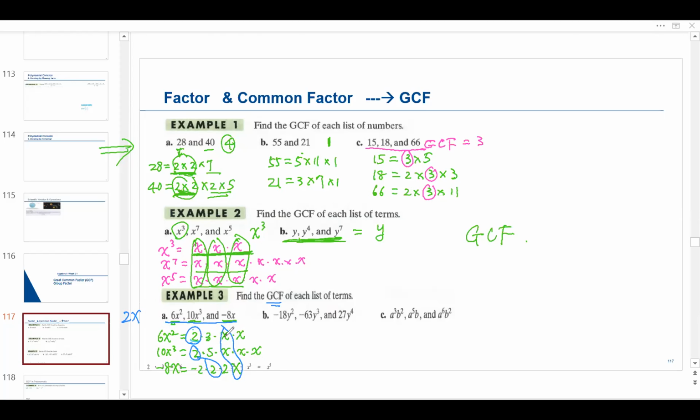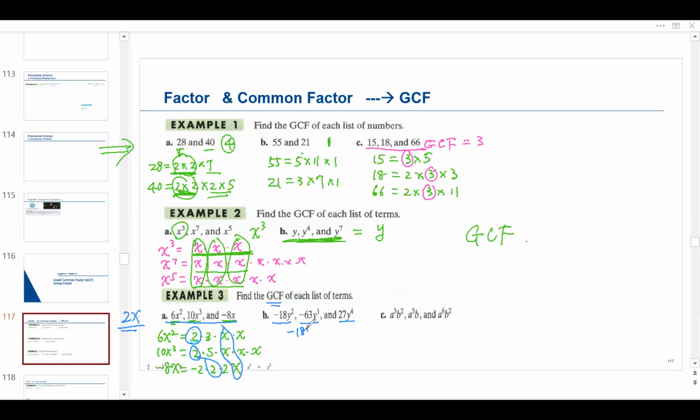Right? Is it correct? All right. So let's see this example. There are 3 terms: negative 18y squared, negative 63y cubic, and 27y power 4. So these kinds of terms, we do the same.